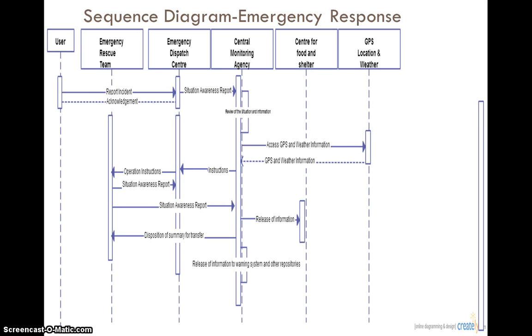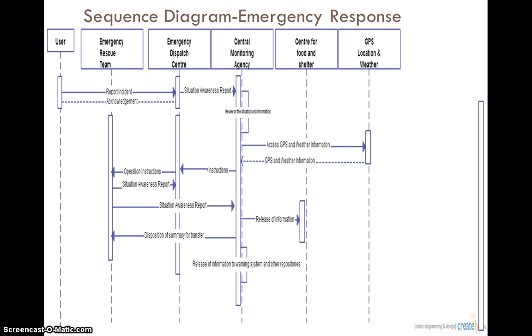And here I would like to explain the emergency response once you report the incident. Once the user reports the incident, it goes directly to the emergency dispatch center, and from there it is redirected to the central monitoring agency, the main head of all these departments, which monitors each and every situation.